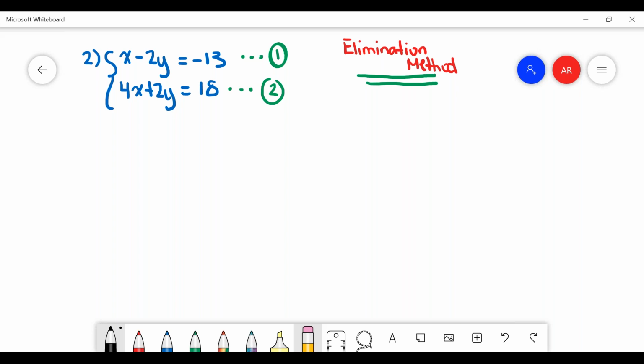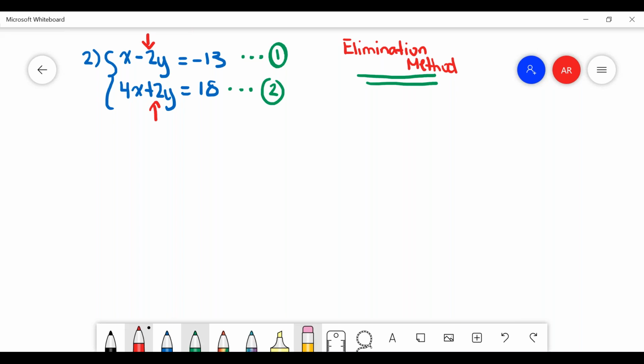In order to eliminate a variable, we need to make sure there are opposite coefficients on both of them. When you look at this problem, you can see that there is a negative 2 as the coefficient of y on equation number 1 and a positive 2 for the coefficient of y on equation number 2.